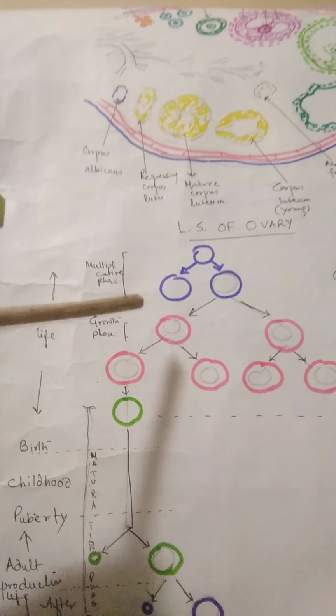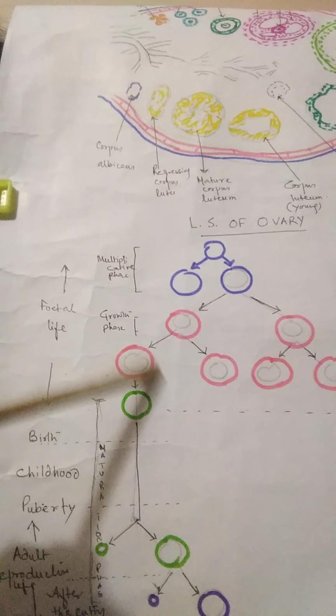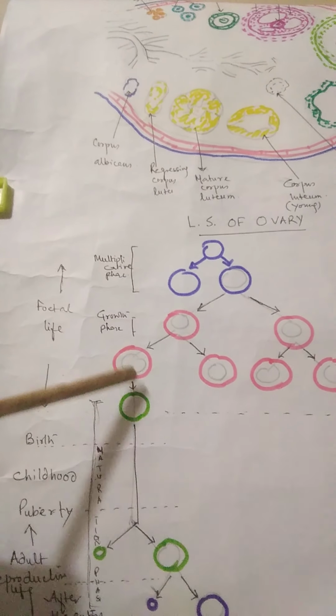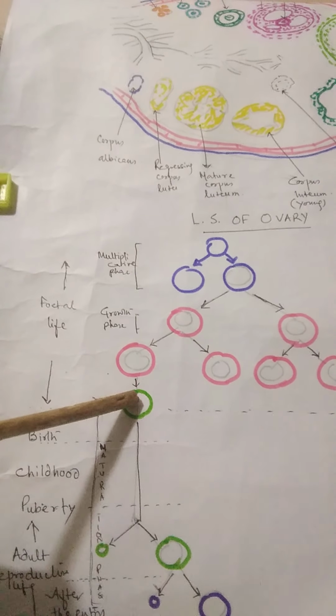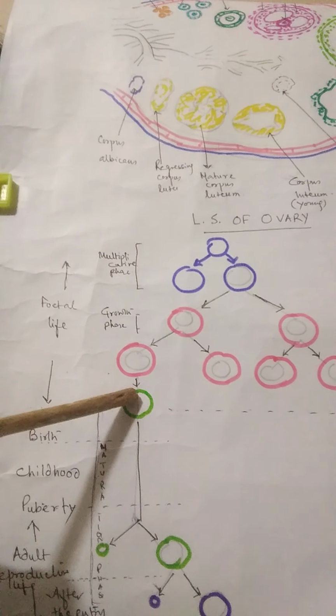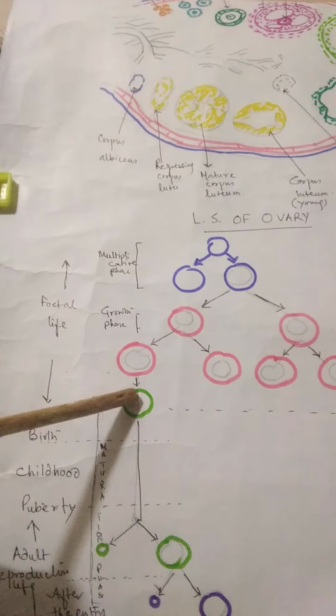All this part occurs in the fetal state. In this fetal state, the primary oocyte starts dividing and undergoes meiosis 1, but it cannot complete meiosis 1.